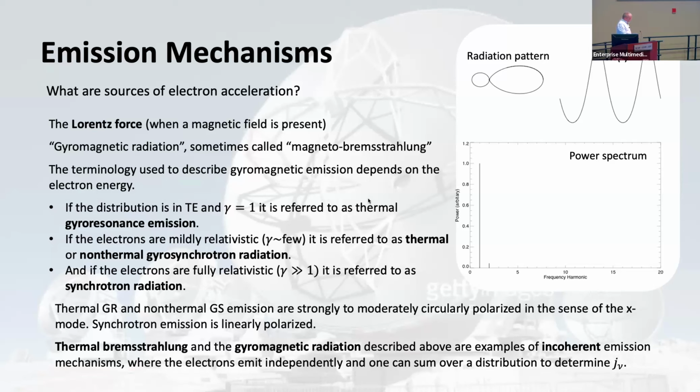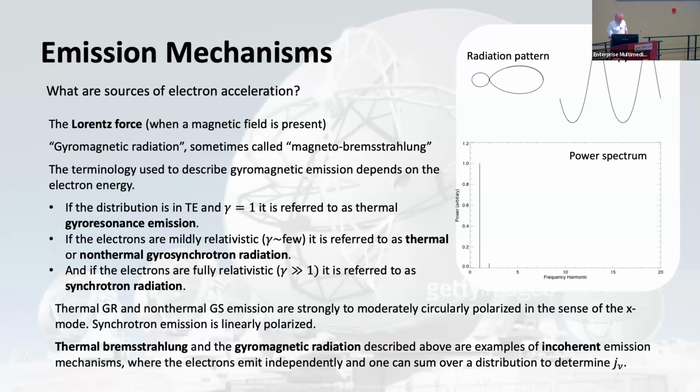Take the power spectrum, and you get emission at low harmonics of the electron gyro frequency. So in the case of the sun, typically, if you have a strong magnetic field, it renders the corona optically thick to gyroresonance absorption at harmonics of 2 or 3. So it gives you a direct handle, not on the magnetic field vector, but on the magnetic field magnitude, the strength.